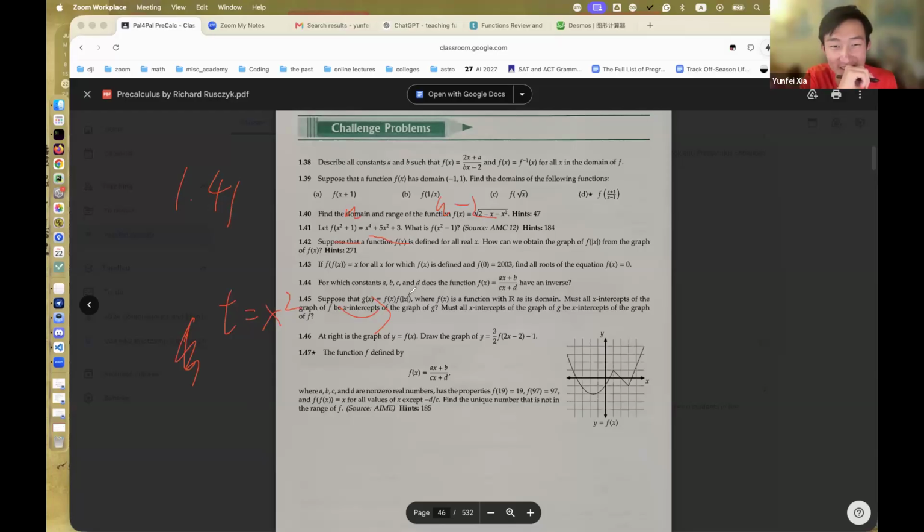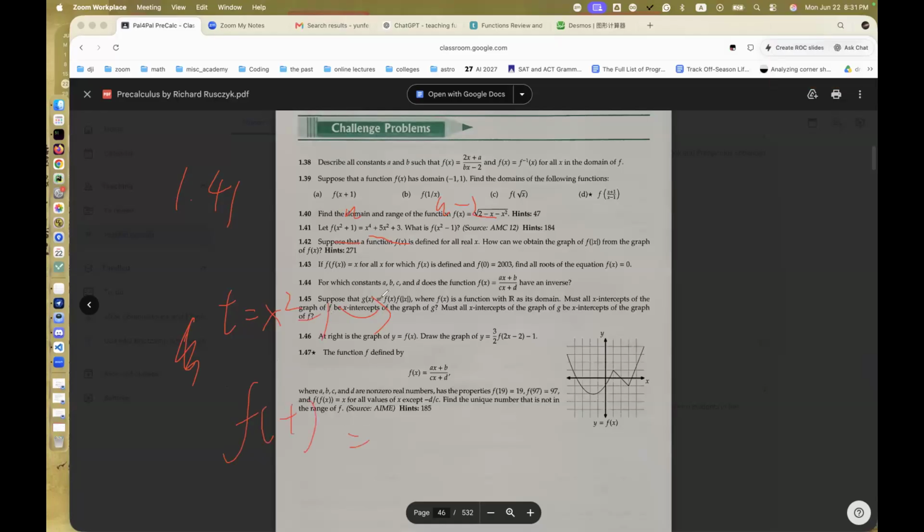Oh, actually, how do you do this? You're trying to help me out. The way I did it, I set t equals x squared plus 1. Then you just make f of t equal to, you actually solved for it like that.